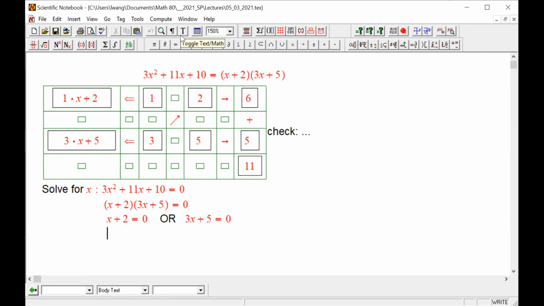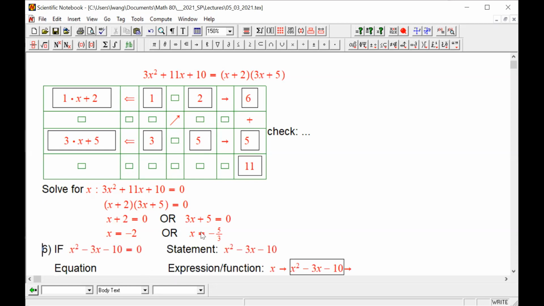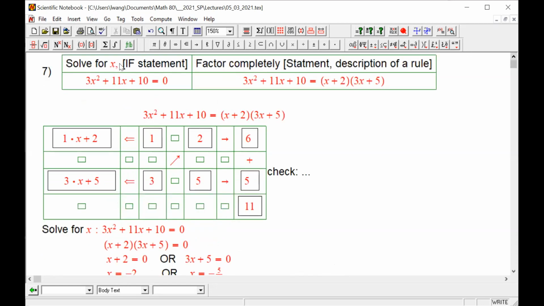So next, we get x equals -2, or x equals -5/3. That's it. Our solutions are found, right? So this would take two major steps. And if the factoring comes very easy to you, then you solve the equation faster, right? So I'm going to leave the rest of 45 for you.